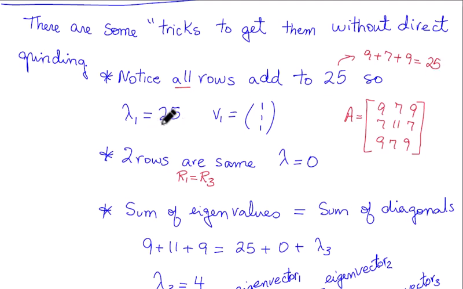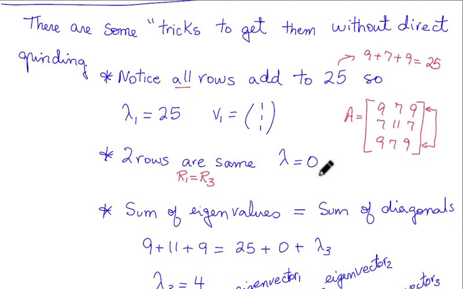That is one of my eigenvalues, which means the eigenvector would be 1, 1, 1. I also notice that 2 of the rows are exactly the same. When 2 of the rows in your matrix are exactly the same, one of the eigenvalues is 0.